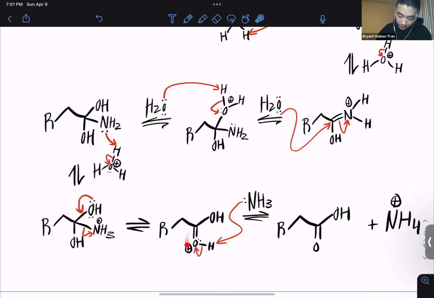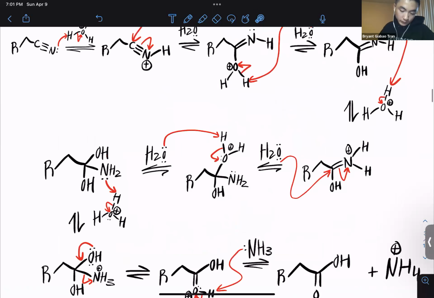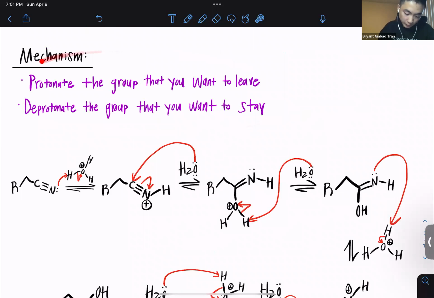And after we reform the carbonyl, our very last step is to use the most basic species we have in the solution, which is the NH3, to deprotonate that positively charged oxygen, giving us our carboxylic acid here. So these two points are a big theme for these mechanisms.